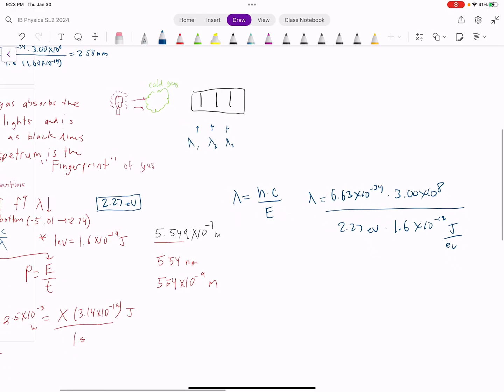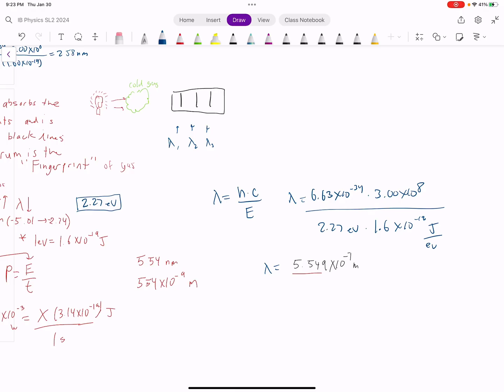Okay, and then when you solve for that, you should get a number like this. All right, so we should get lambda equals this. And then the question is, is that 550 nanometers?